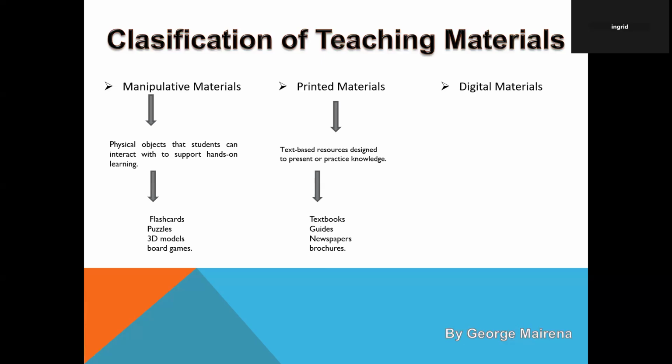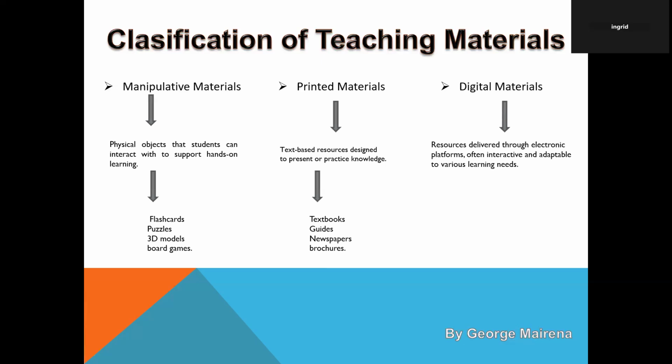Apps, games online. What if I tell you that one of the digital materials that you, as a student from Univalle, use is the platform? That makes sense? Yes, good. I forgot it. Don't worry.